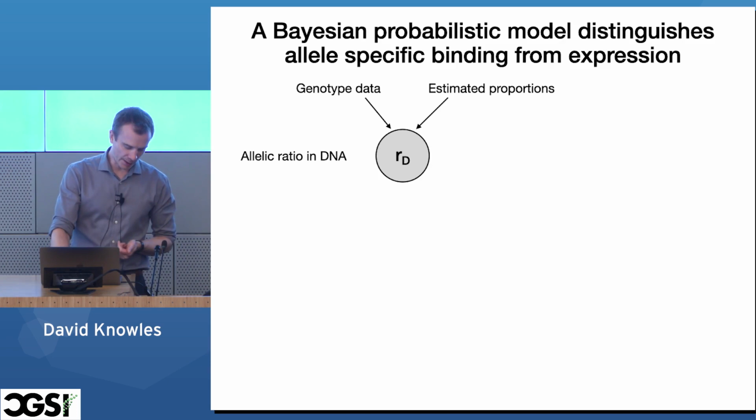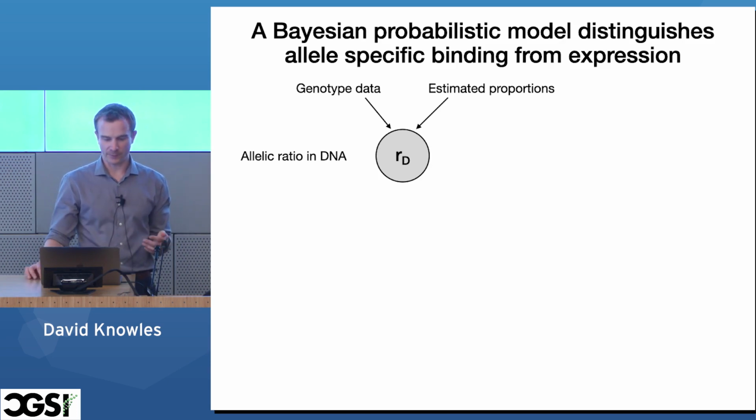The tricky part about trying to say from our data, is there an allele-specific binding effect, is that you don't want to be confounded by there being differences in allele-specific expression. So if one allele is getting transcribed more than the other, for example, because of an eQTL. So we've come up with a Bayesian probabilistic model that tries to explicitly represent both the possibility of allele-specific expression and allele-specific binding.